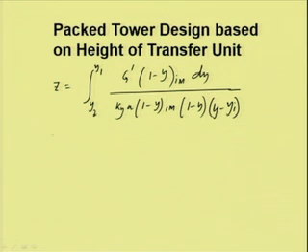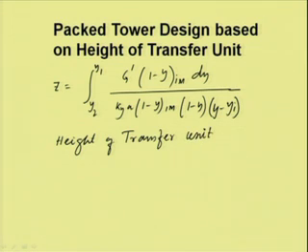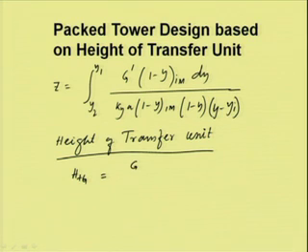We can define the height of transfer unit. HTG is equal to G dash divided by K y A 1 minus y I m.